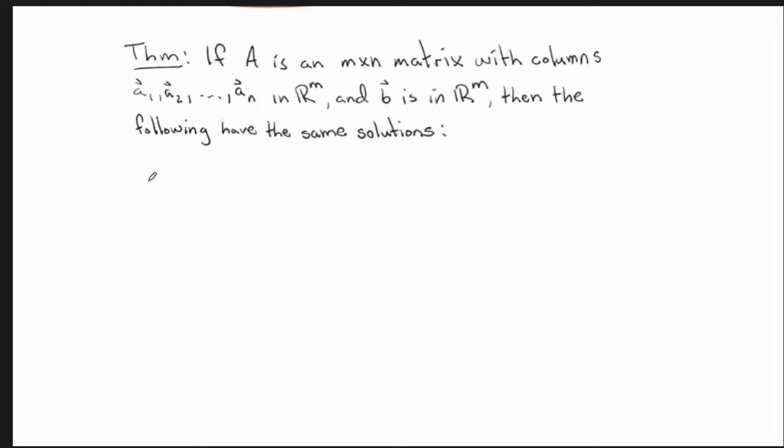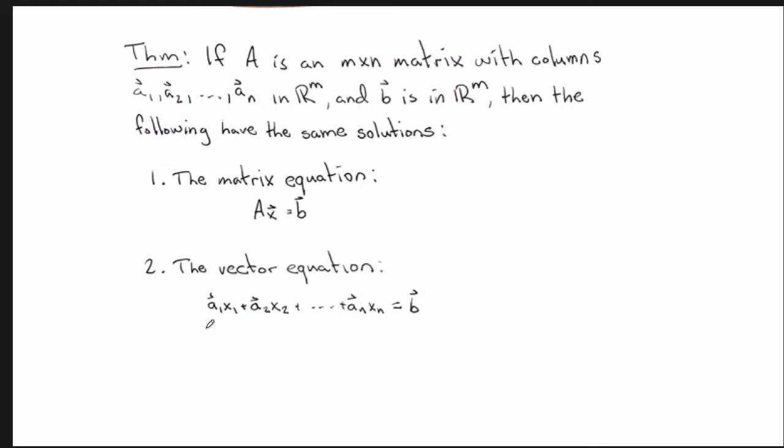This is essentially the same setup we had before. A is an m by n matrix with n columns in Rm. Now b is in Rm. The following things have the same solutions. The matrix equation Ax equals b, where I'm trying to find the entries x, can also be thought of as the coefficients that make up the linear combination that adds to b.